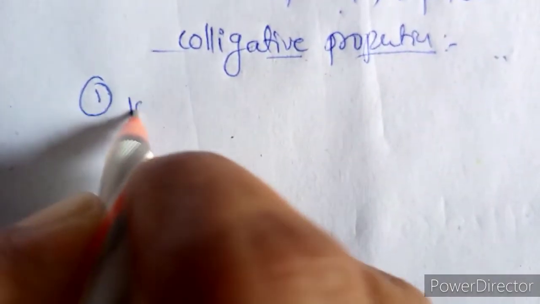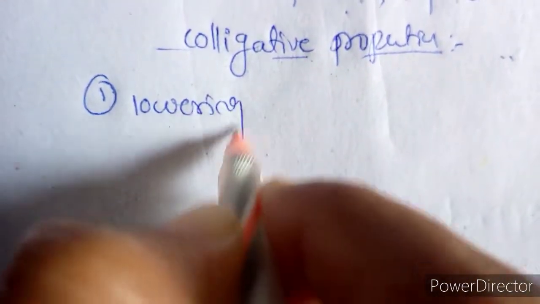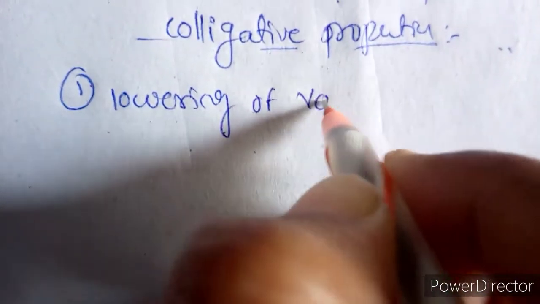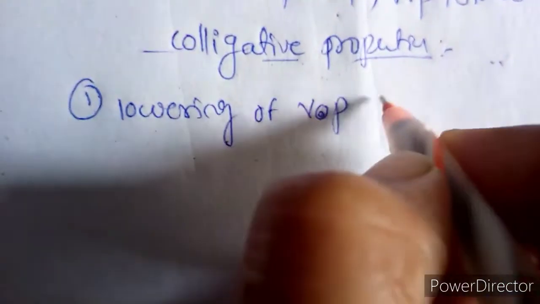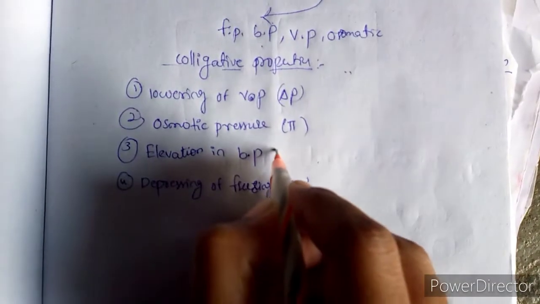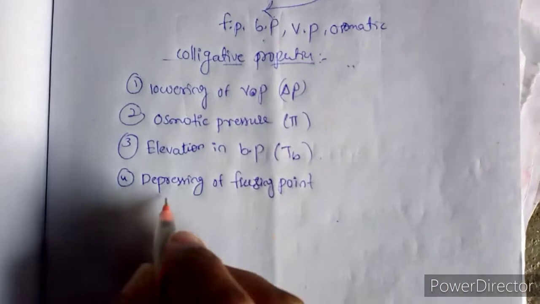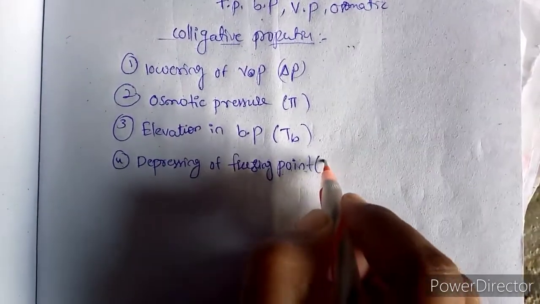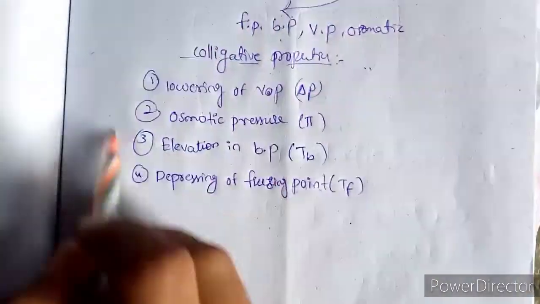There are four colligative properties. First one, lowering of vapor pressure, represented by delta P. Second, osmotic pressure, represented by pi. Then elevation in boiling point, represented by delta TB, and depression in freezing point, represented by delta TF.